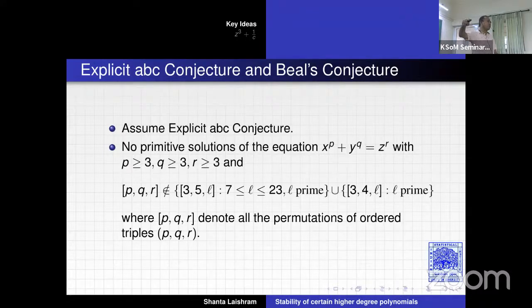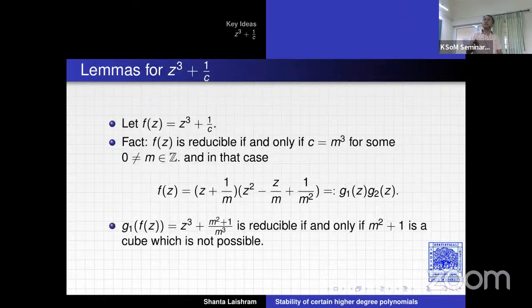So except for those, explicit abc tells you that there are no primitive solutions. We also use it, but we still need something more to prove the conjecture completely.